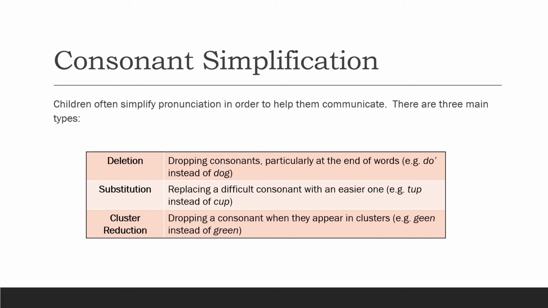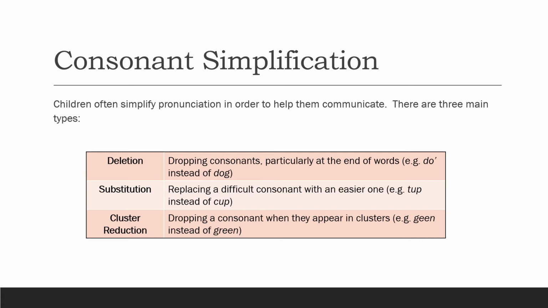So tup, which is the alveolar plosive t, rather than cup, which is the velar plosive k. And so, you know, it is easier to say an alveolar plosive than it is to say a velar plosive, and so they might substitute tup for cup.